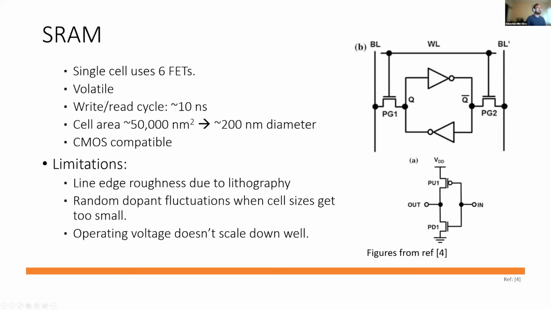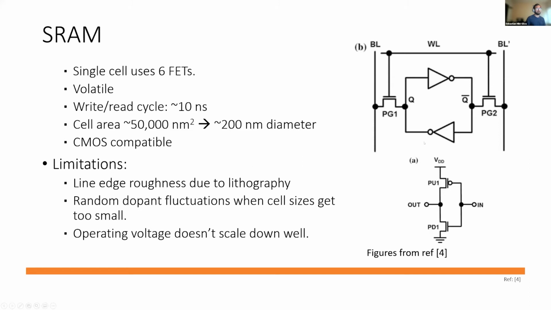Again, it is also volatile. And another advantage over DRAM is that it is CMOS compatible. Some limitations on scalability: again, we have some lithography issues related to the roughness of the line edges when you want to make really small features.